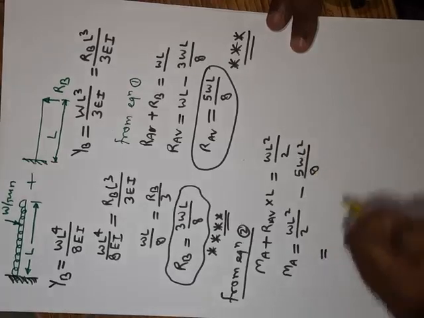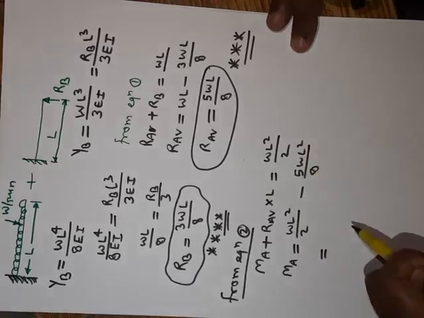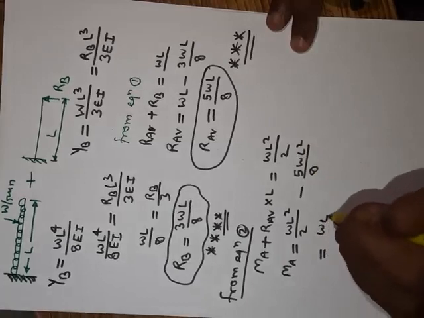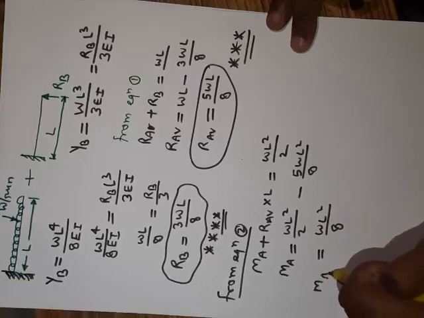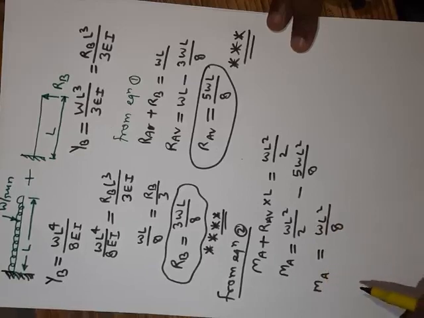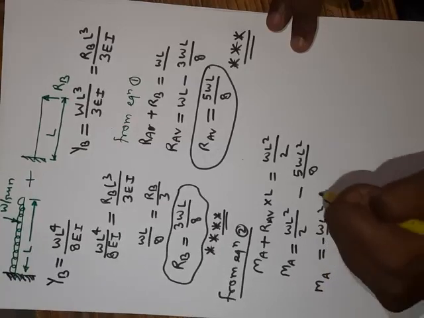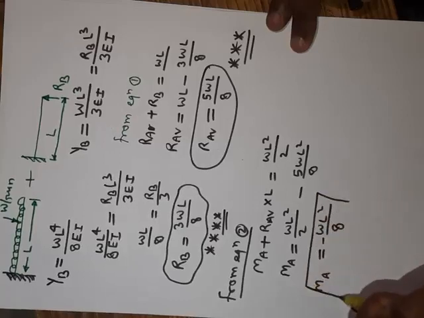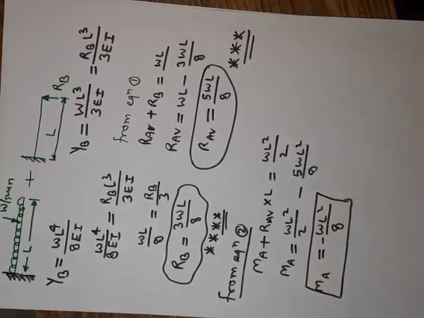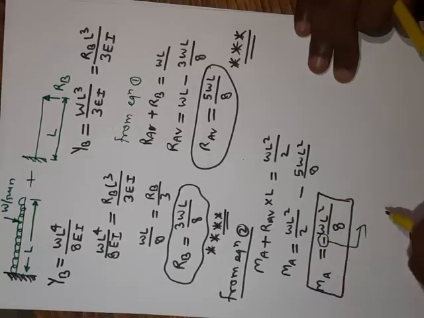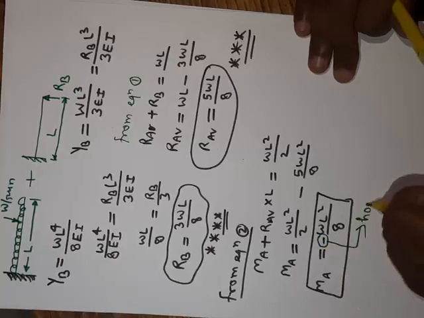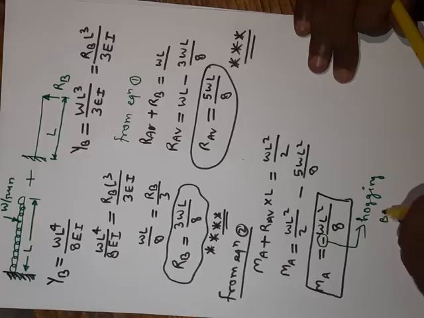Taking LCM 8 here, this comes out to be WL square by 8 with a minus sign. What will the minus sign represent? This negative sign will represent hogging bending moment.